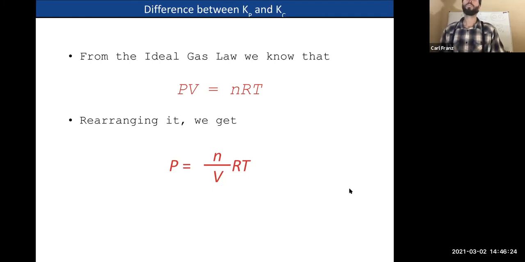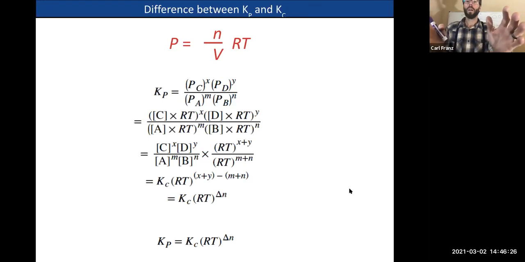Now, if we take that equation, P equals n over V times RT, and we apply it to our equilibrium expression for pressure, here we go. Okay.